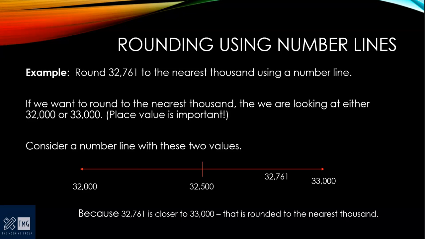Now, this only works if you can still find the place value and understand that if I'm dealing with 32,000 some and I need to go to the nearest thousand, my endpoints are 32,000 or 33,000. That is the key of using the number line. So hopefully if you needed a visual, that helps a little bit. Otherwise, just remember your rounding rules and you'll be good to go.